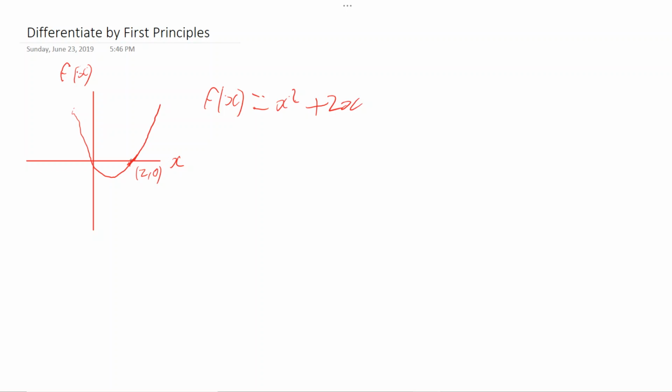So the length of the secant approaches zero to get a more and more accurate estimate of the instantaneous rate of change, which, as you saw in my previous video, you get by getting closer and shorter. So that's how to find the instantaneous rate of change by first principles.